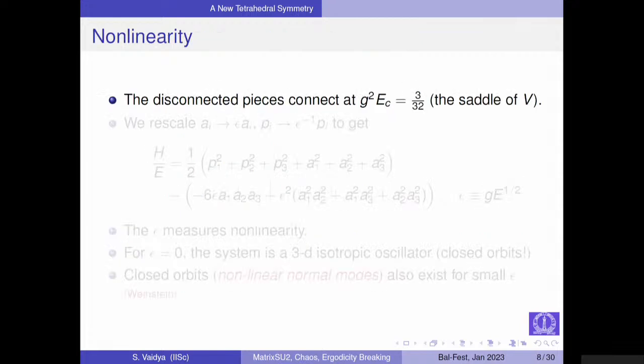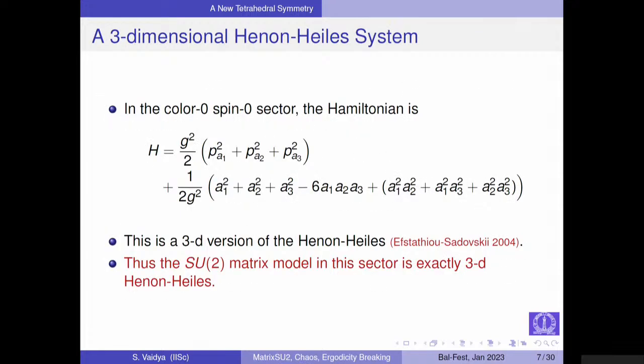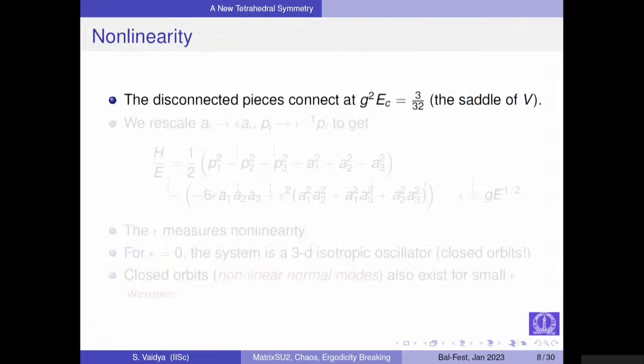So the problem of the SU2 gauge matrix model in this particular sector is exactly the 3-dimensional Henon-Hiles problem, and this should tell us, for those of us who know anything about Henon-Hiles, this should prep us for interesting things that we will discover.